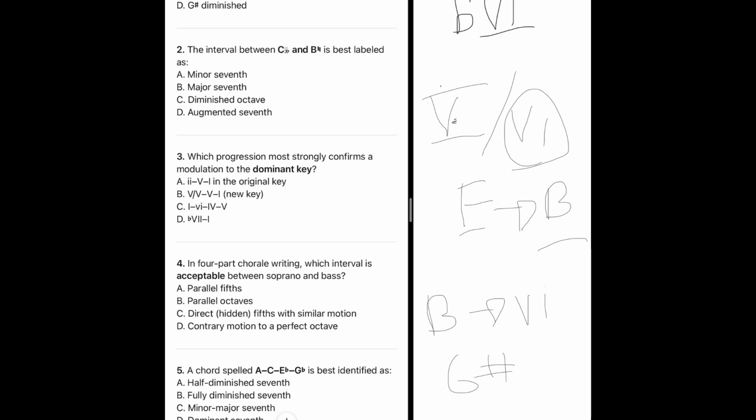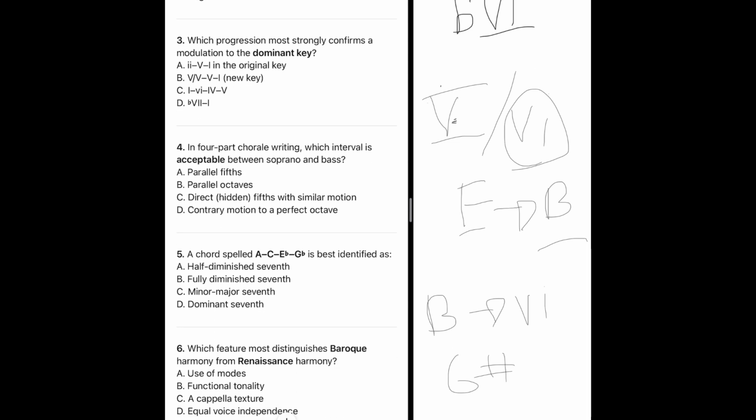So A into B would take it at a 7, which needs to be augmented 7. D. Just a guess at it.